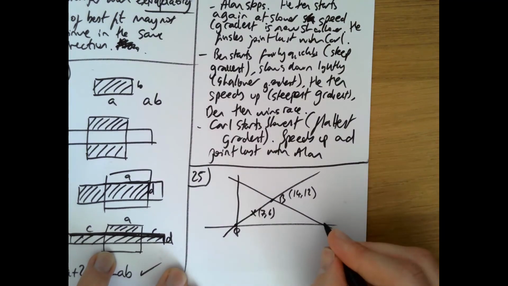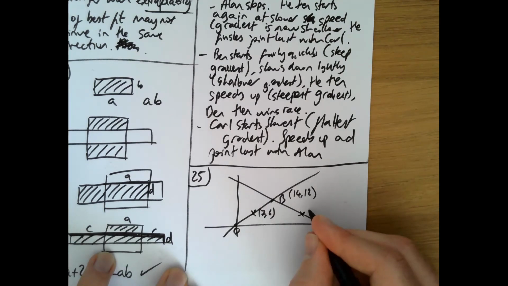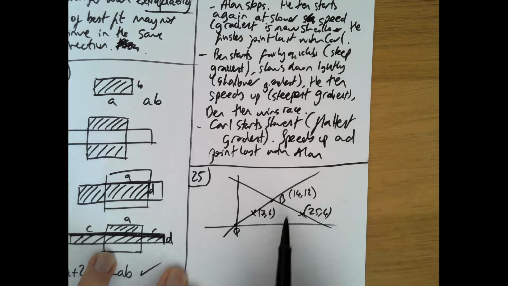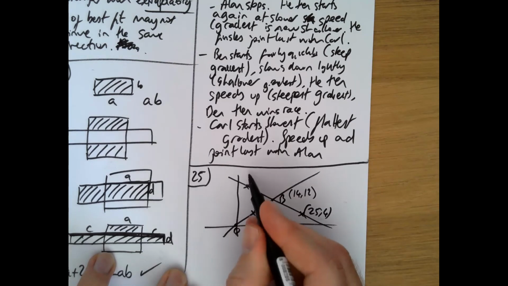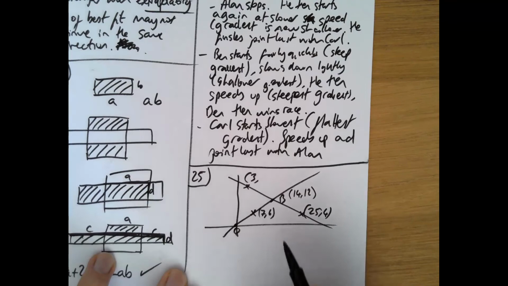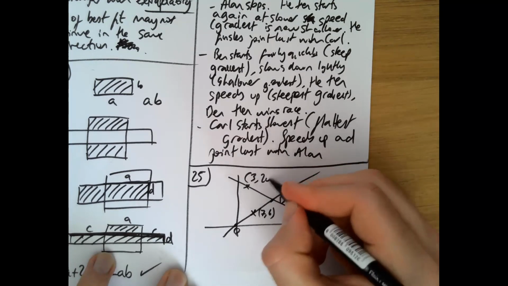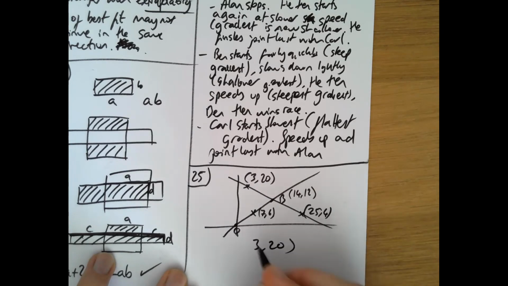This point here, somewhere here, is 25, 4. Work out the coordinates. Is B the midpoint of TS? Yeah, perfect. So how do we get from 14 to 25? Well, we're going back 11, aren't we? So if we go back another 11, this one must be 3. From 4 to 12, we go up 8, go up another 8. It's going to be 320. So 320 is our answer.